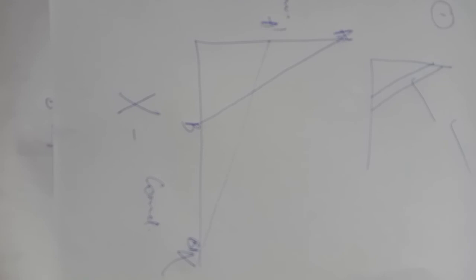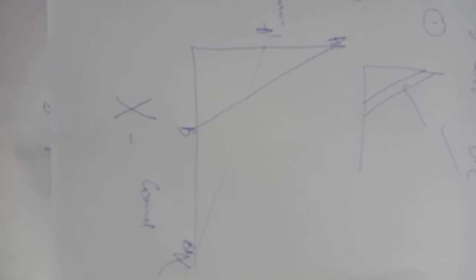AB and A dash B dash represent the opportunity cost curves concerning the countries A and B respectively. They are not parallel to each other. So there is comparative cost differences. So the meaning is there is comparative cost differences. So this is the condition.